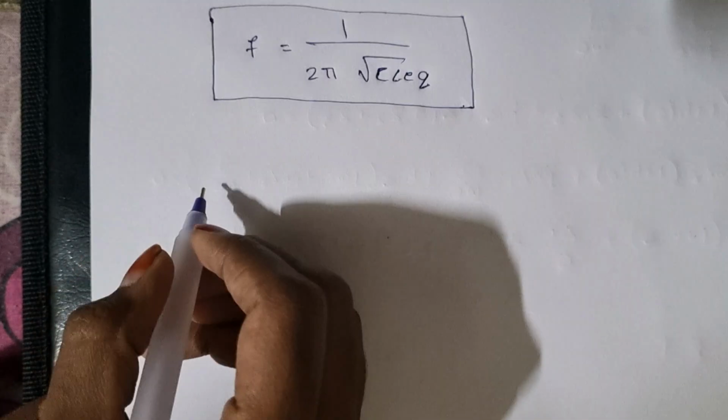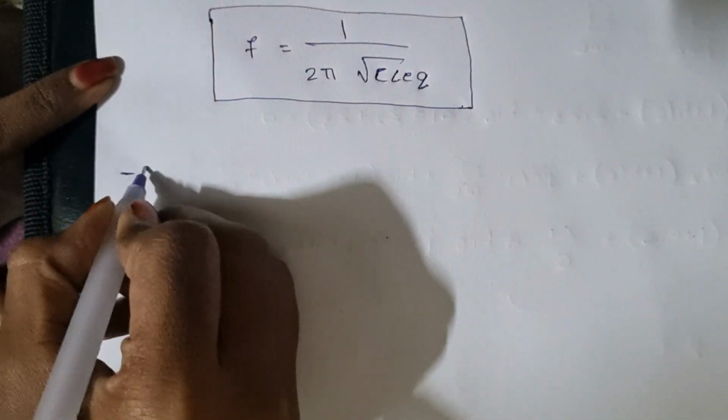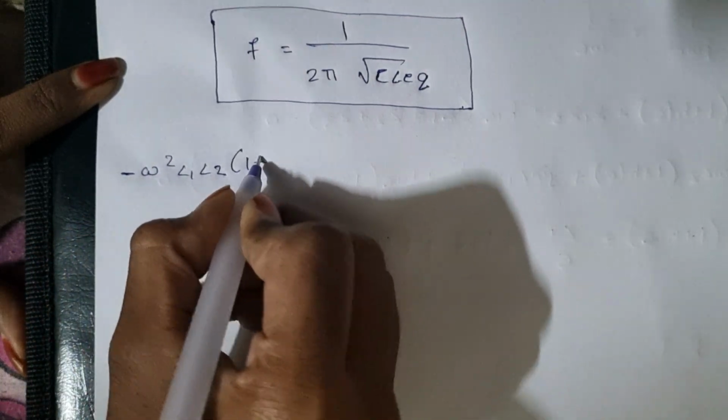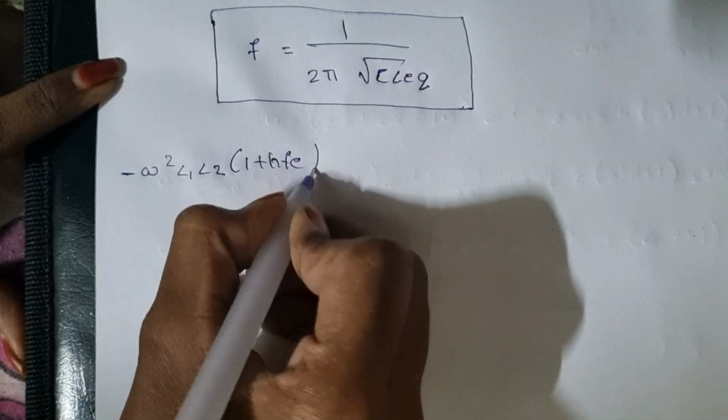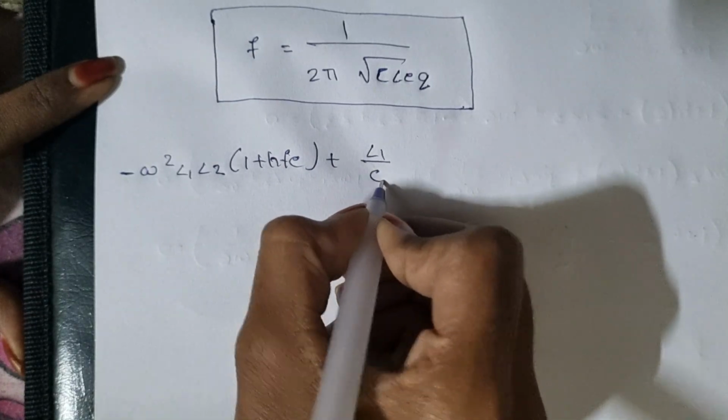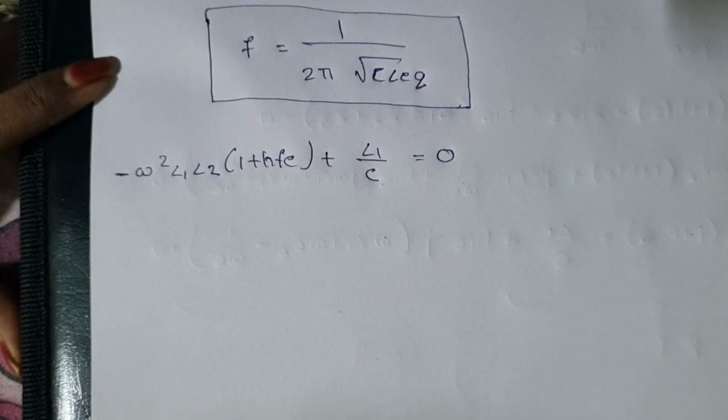Now we're going to solve the real part. We got the real part as minus omega square L1 L2 of (1 plus HFE) plus L1 by C equals 0.